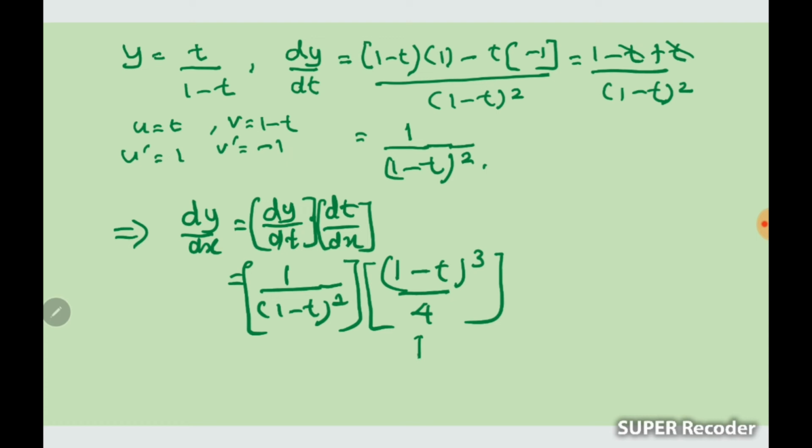This is from our previous derivative. Simplify, you will get (1 minus t) over 4. So this is dy/dx, and the question asks you to show that dy/dx is equal to this one, so we already got the answer.